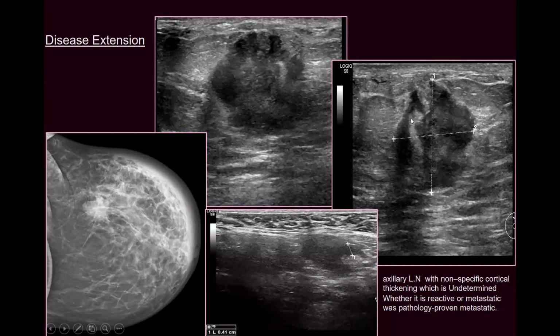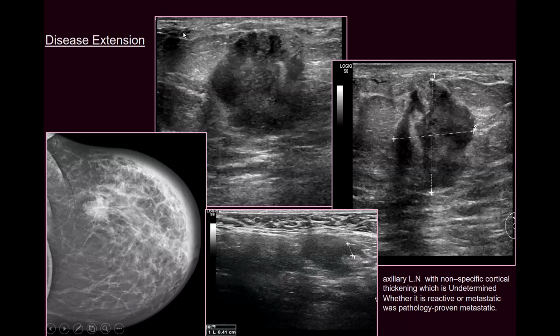And here is the lesion on ultrasound. You can see it. It is a relatively larger lesion extending from the mammary zone into the superficial layer of the superficial fascia, associated with some skin thickening. And here you can see the subcutaneous lymphatic vessels are prominent.